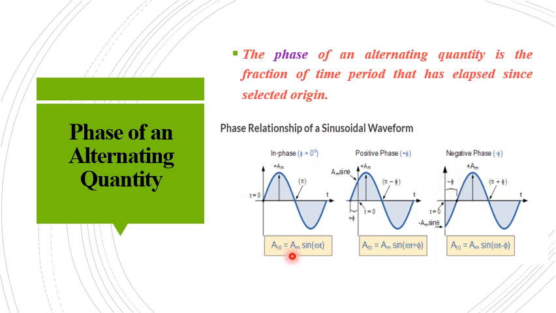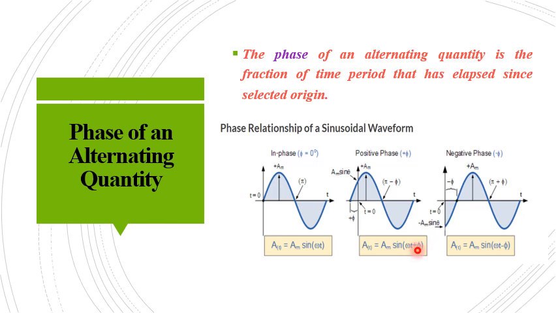So here we can see how the waveform can be written. First case, your phase is 0, so A of t is written as Am sine omega t. In the second case, we are having a positive phase. That means your sine wave is advanced. So we can write A of t as Am sine omega t plus 5.